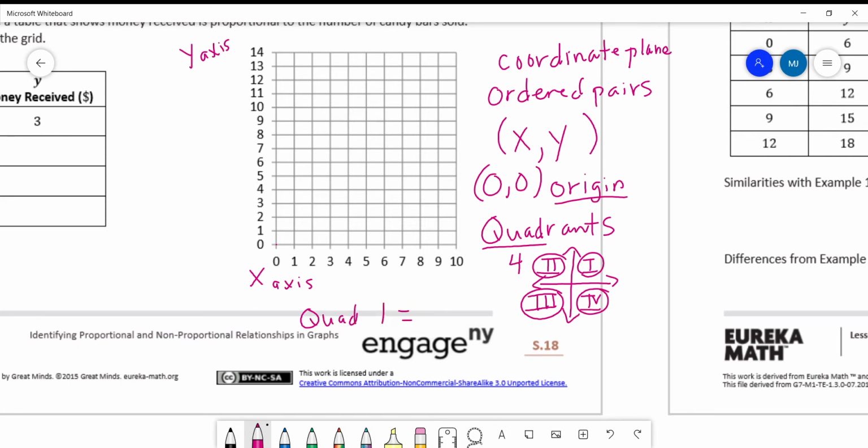And we can simplify that by putting Q1, quadrant 1. So in quadrant 1, all numbers are positive. We've got positive numbers going from 0 to 10, and then positive numbers going from 0 to 14 on the y-axis. Now, any good graph needs a title, and so we're going to be doing that as we work on this particular problem.